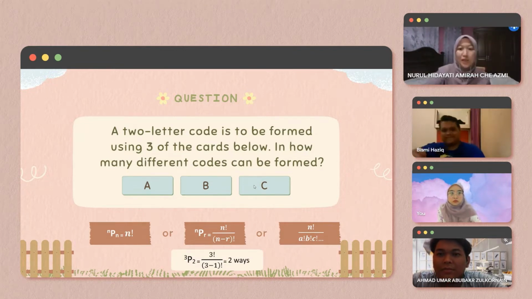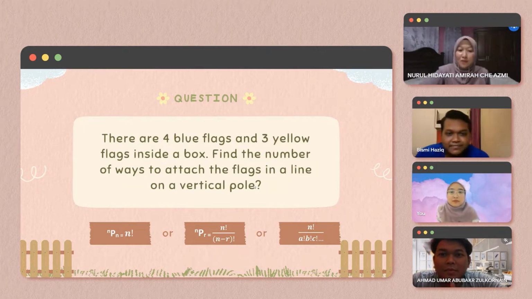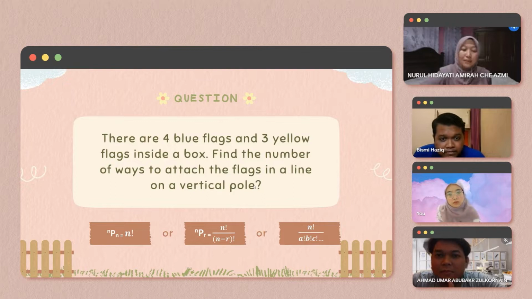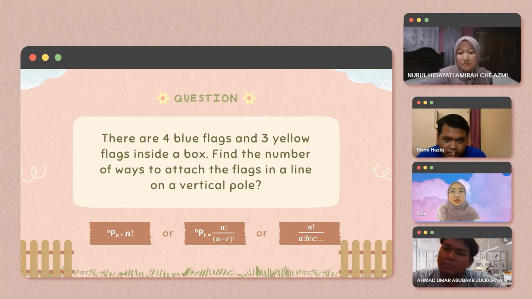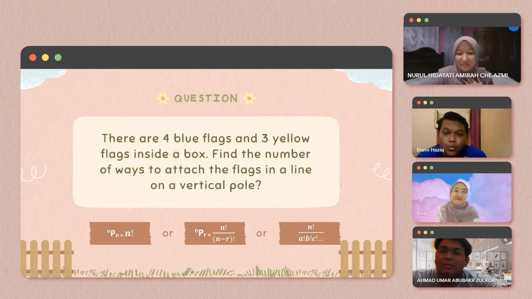Second question. There are 4 blue flags and 3 yellow flags inside the box. Find the number of ways to attach the flags in a line on a vertical pole. Which formula do we use in this situation? The third rule, because we have identical objects.